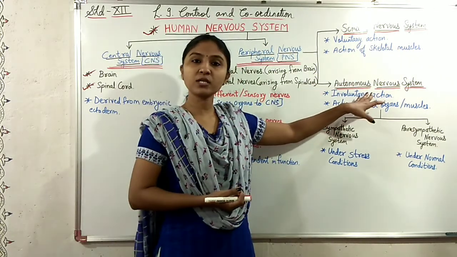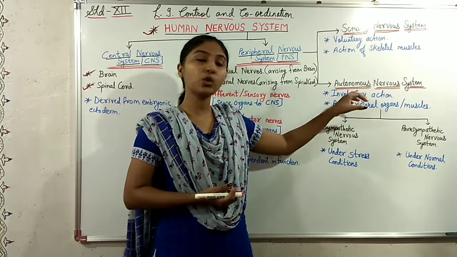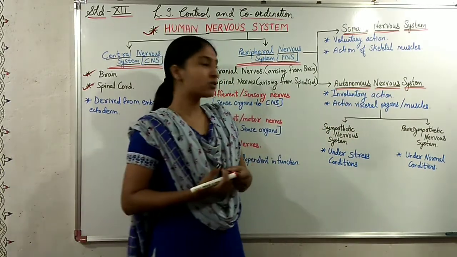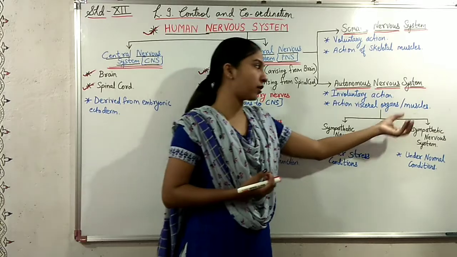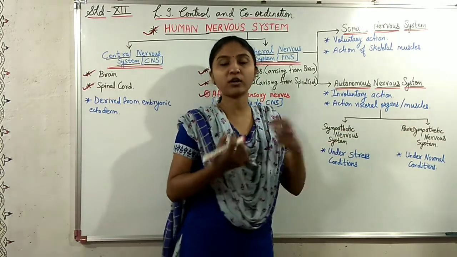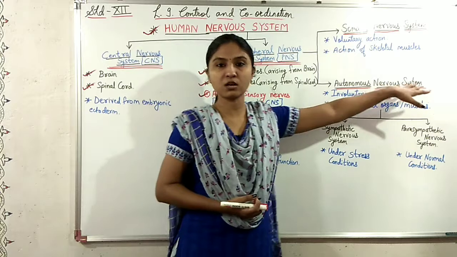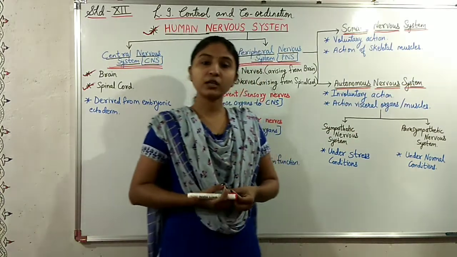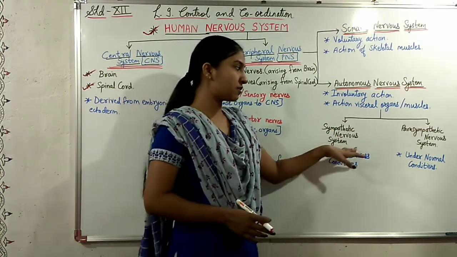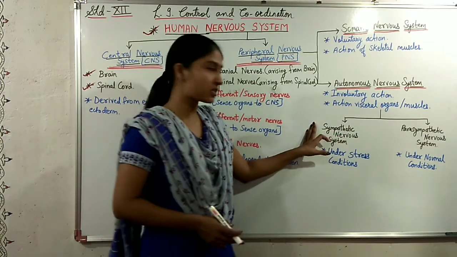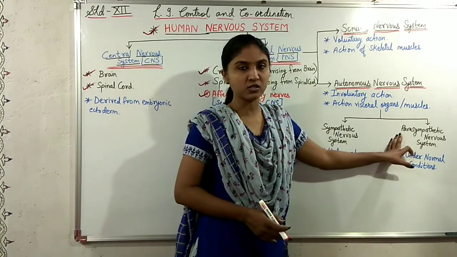Whereas the autonomous nervous system controls all the involuntary actions. The actions of the visceral organs or visceral muscles are controlled by the autonomous nervous system. Further, the autonomous nervous system is divided into two types: sympathetic nervous system and parasympathetic nervous system.